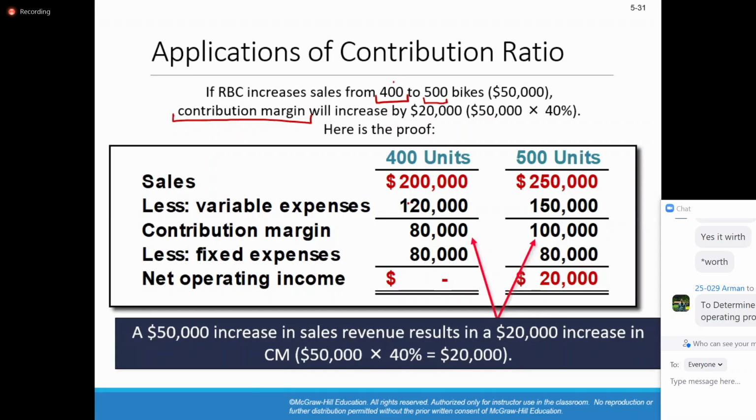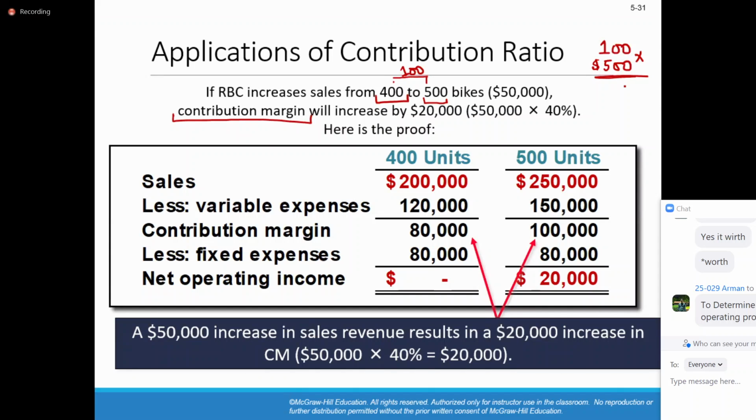Okay. So what will be the change of sales for the change in sales units? We see that 100 units of bikes is expected to increase in the sales units. So for 100 units of new sales, at $500 per bike price, how much new sales do we get?